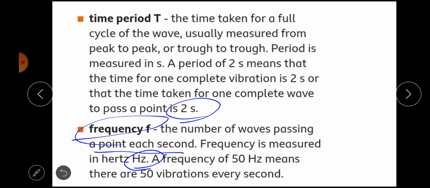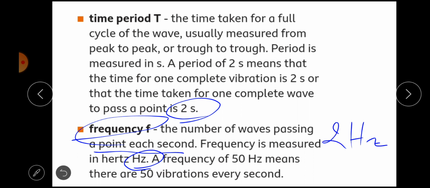A frequency of 50 hertz means there are 50 vibrations every second. There are 50 complete waves passing a point every second. Then we say that is 50 hertz. If we have 2 hertz, what does it mean?